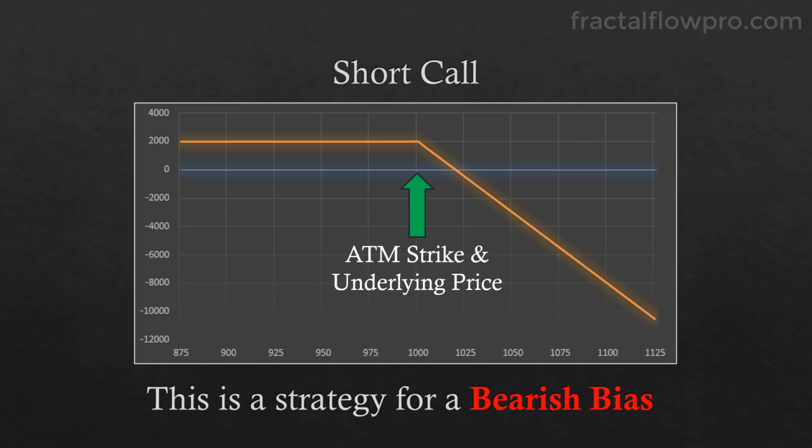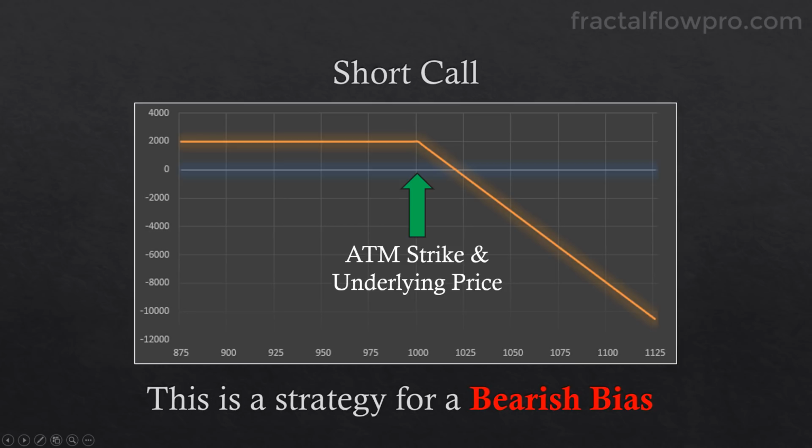In other words, this is a strategy for those who have a bearish bias. One interesting thing here is that it doesn't matter how much the underlying stock price goes below the strike price at expiration, because the payoff is constant as long as the underlying price is below the strike at expiration. So you can make money with this strategy even by being slightly bearish.